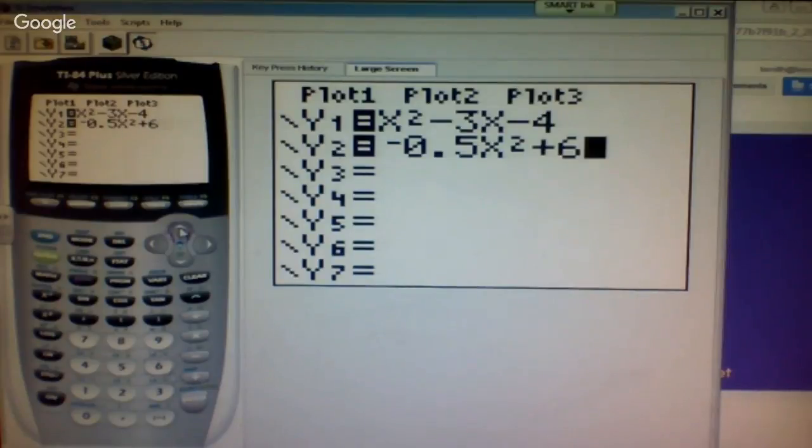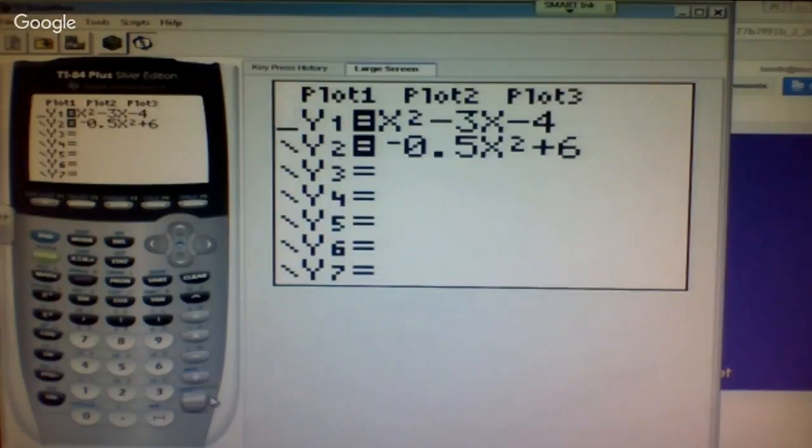So arrow over to the side, right beside where y1 is, where you plugged in that equation, and hit enter. See how that line got a little bit thicker and darker?